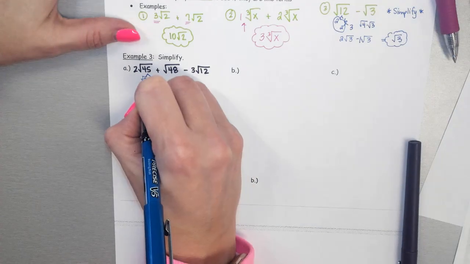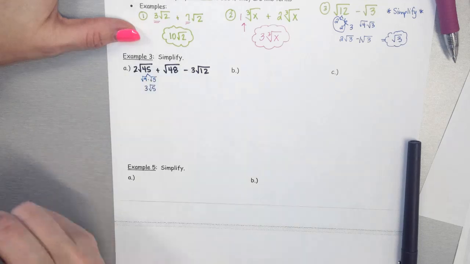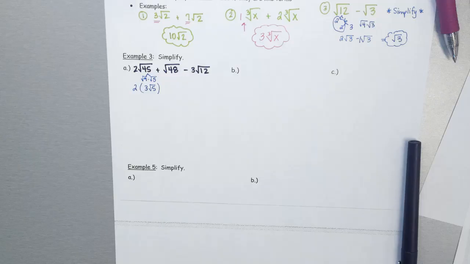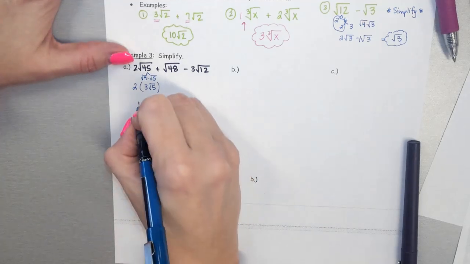So that becomes 3 root 5. Now notice that you still have this 2 in front. Based on what we did yesterday, do you guys remember how you can simplify this? Yeah, you're going to multiply the 2 by the 3 to get 6. So you're going to have 6 root 5.